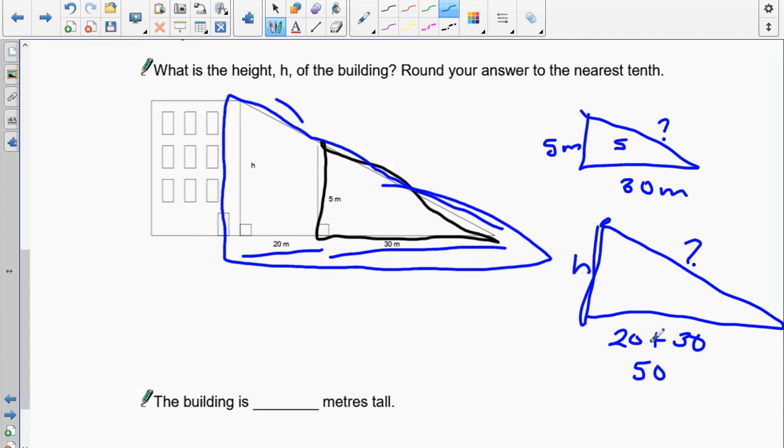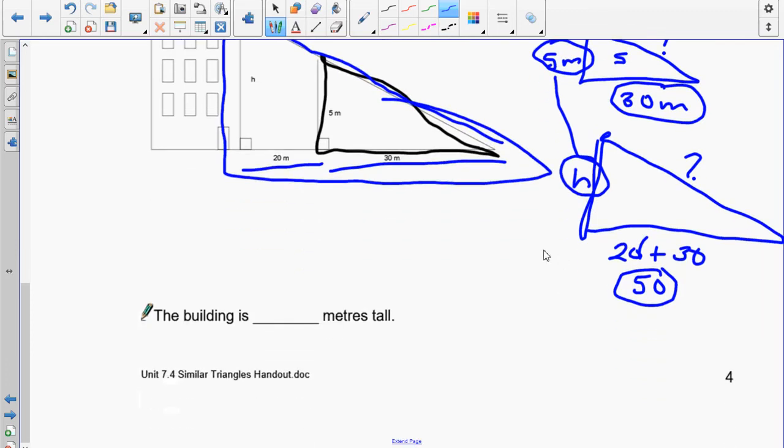So now to solve it, you have to match what goes with what. Well, we know that this 5 and this h go together, all right? And we know that 30 and 50 go together. So I'm going to be putting the h over 5, and that's going to be equal to 50 over 30.